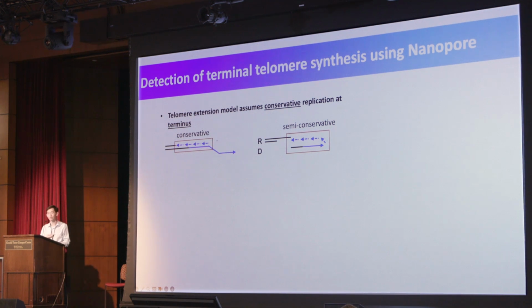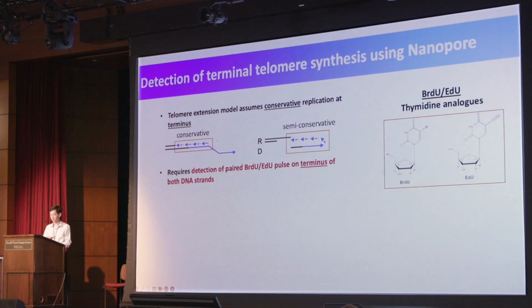However, unlike semi-conservative DNA replication, you do not have incorporation on only the nascent C or G strands. In order to detect this telomere synthesis, we are going to be pulsing with BrdU and EdU, and then detect paired terminal BrdU-EdU tracks only at the ends of telomeres.